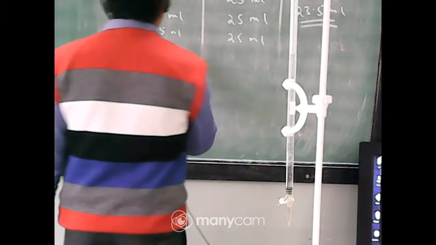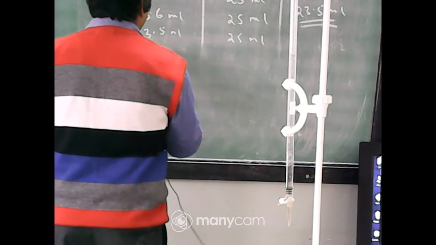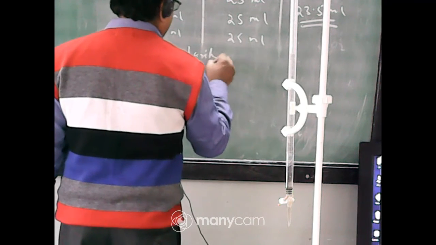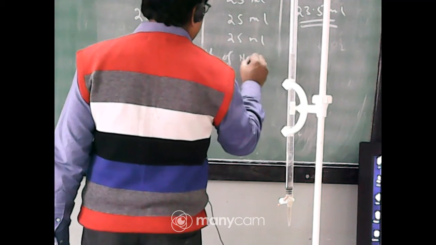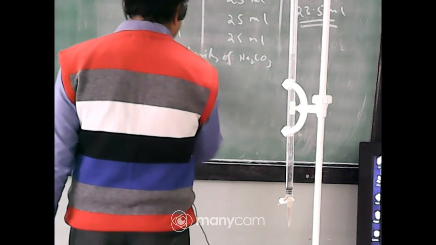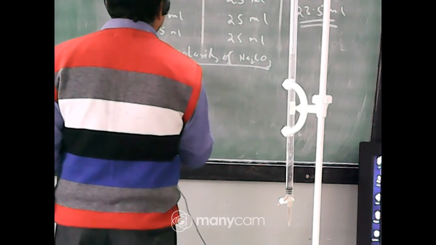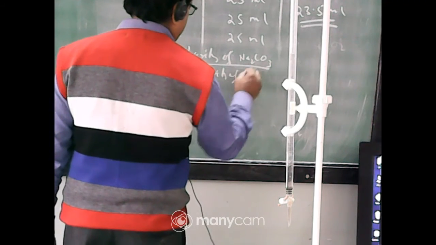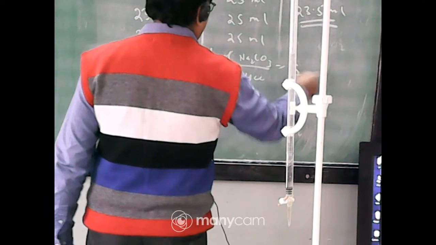So write the formula: volume into molarity of Na2CO3 divided by volume into molarity of HCl equal to 1 by 2.